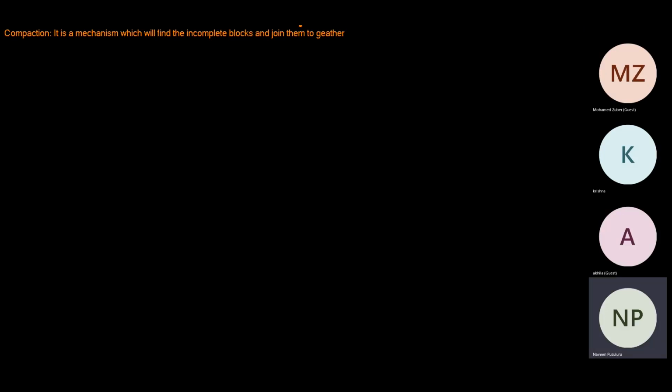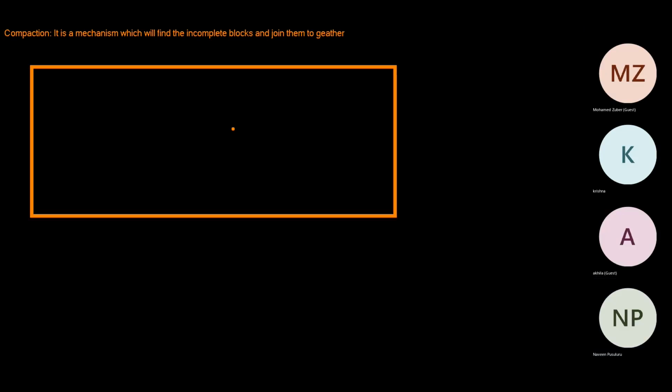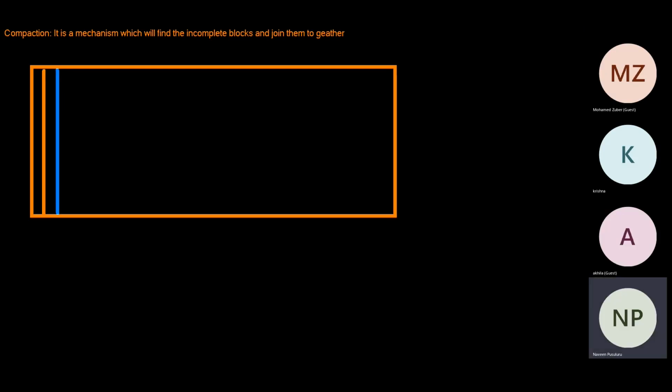Okay, let me explain you with an example. Normally in NetApp, when you create an aggregate, the data in the aggregate or in a volume, whatever it is, will be stored in the form of 4K blocks.